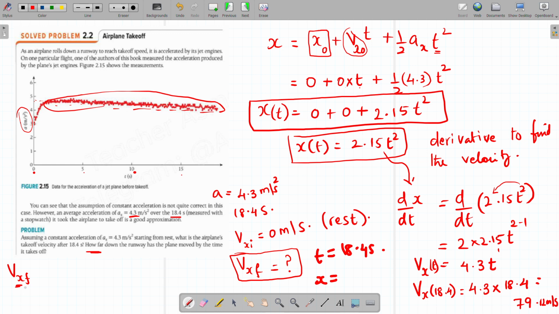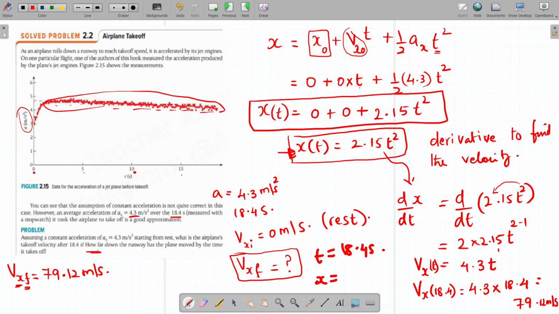X is the direction, one dimension along the positive x axis, and f is the final velocity, 79.12 meters per second. And we still have the position function, that is x of t is equal to 2.15 t squared.